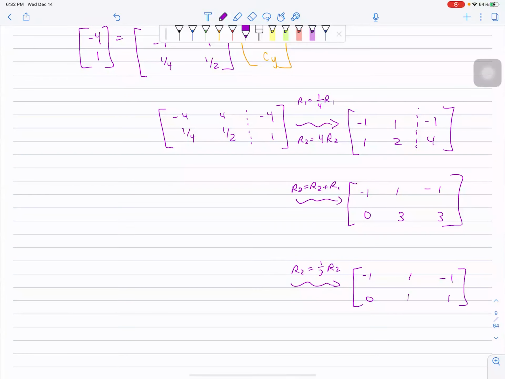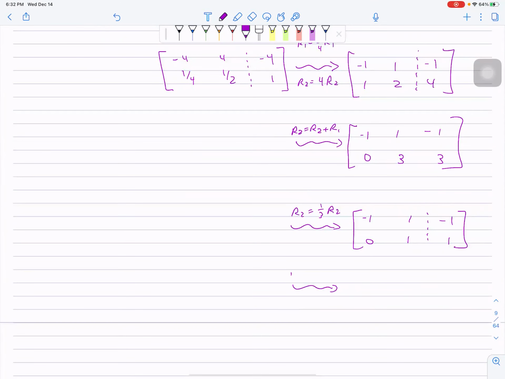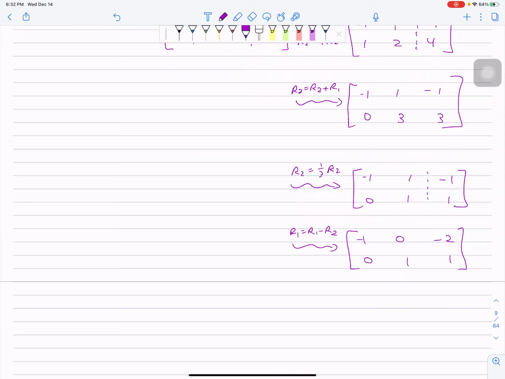So 1, 1. Now I can do row 1 is row 1 minus row 2. So I get -1, 0, -2, 0, 1, 1. And finally, you don't have to do this, but I'm going to multiply row 1 by -1 so that I get a +1 in that corner.